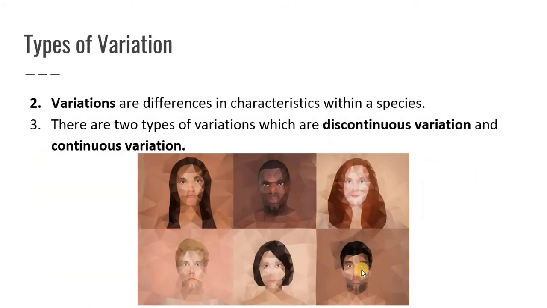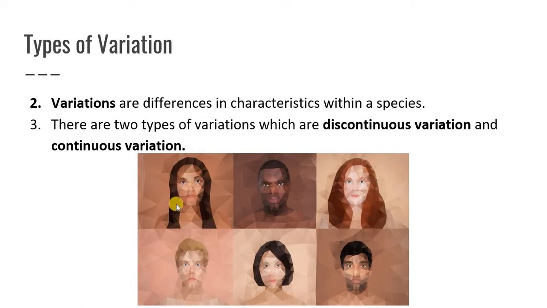Right, for example, let's look at a diagram here. Humans are considered one species, which we call Homo sapiens, right? Homo sapiens.